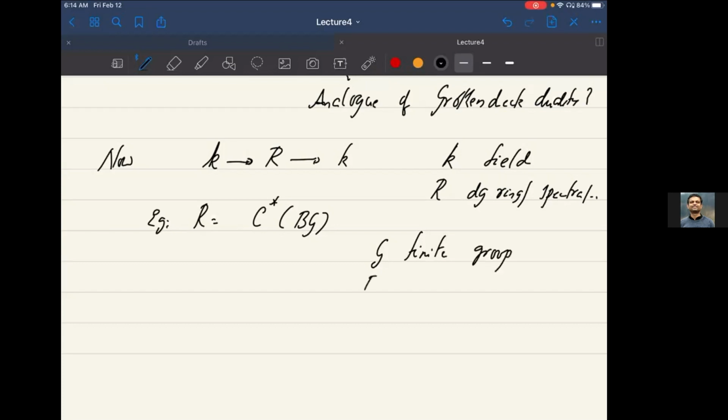And BG is what's called the classifying space, or the classifying spectrum, if you want to be in the spectral world.